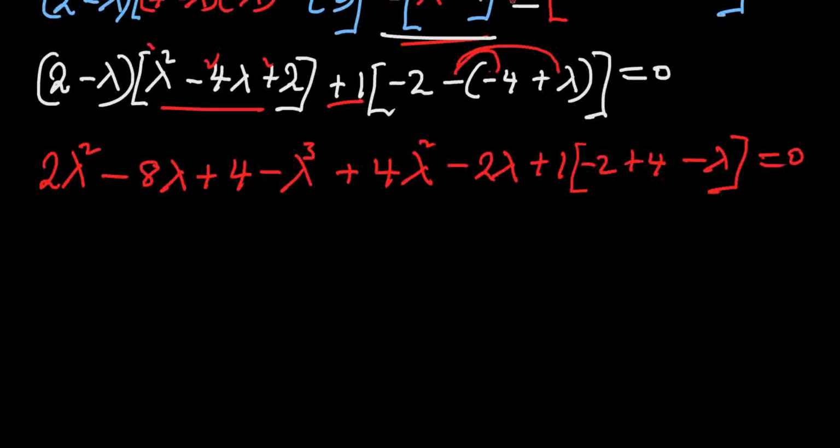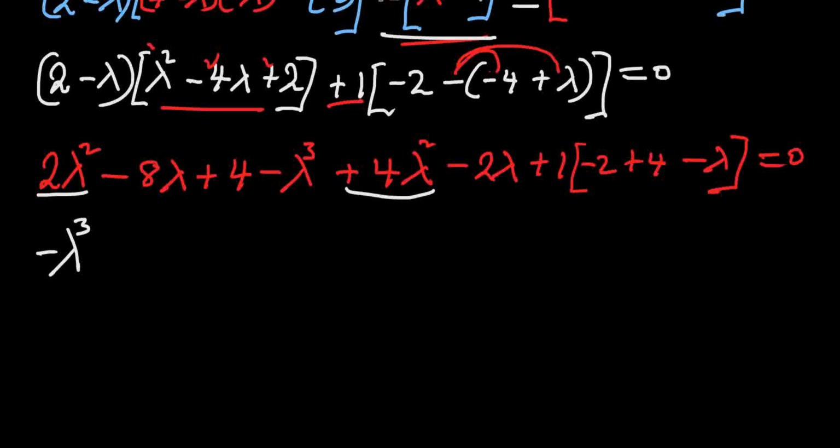Okay, let's work with the highest degree. We have negative lambda cubed here. So let's just write it here, negative lambda cubed. And after that, we have 2 lambda squared and positive 4 lambda squared.